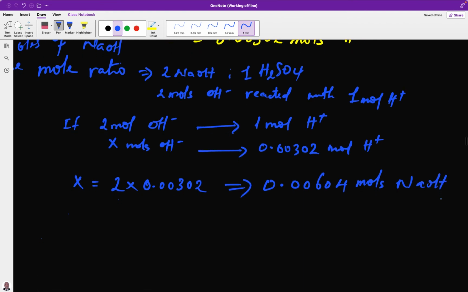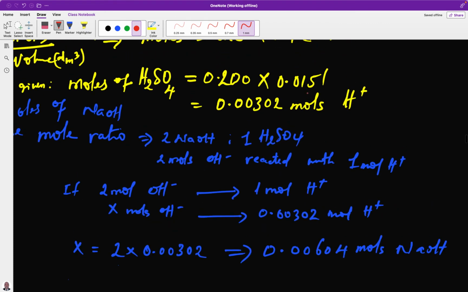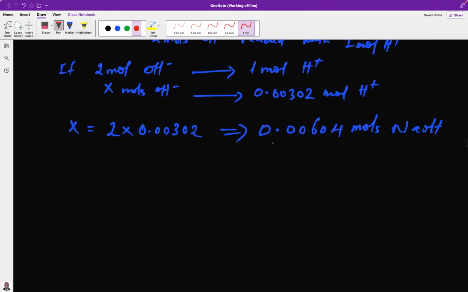That is the moles of sodium hydroxide. This is the moles of the acid we had, and this is the moles of the sodium hydroxide we have.